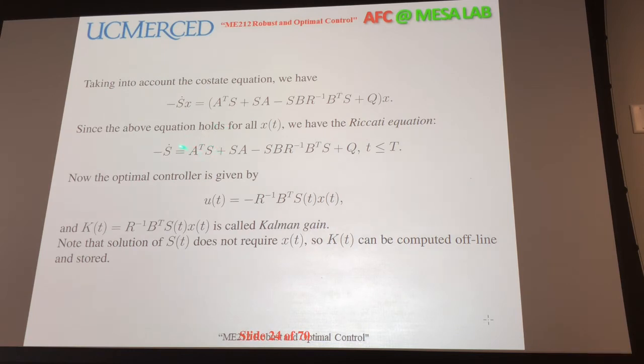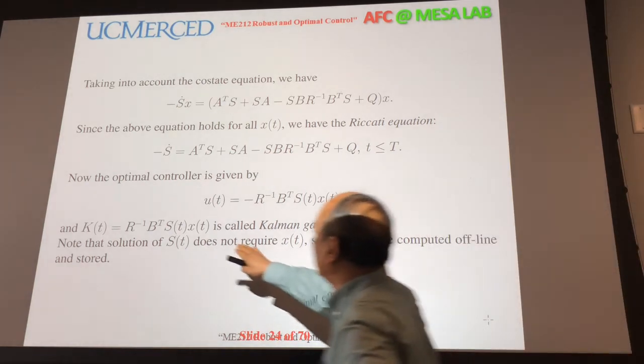So I hope you understand, this is what? This is a Riccati differential equation, RDE, okay? So the optimal controller is written with a time varying gain, okay? So this is also called Kalman gain, K t is this one, okay? There's no x.